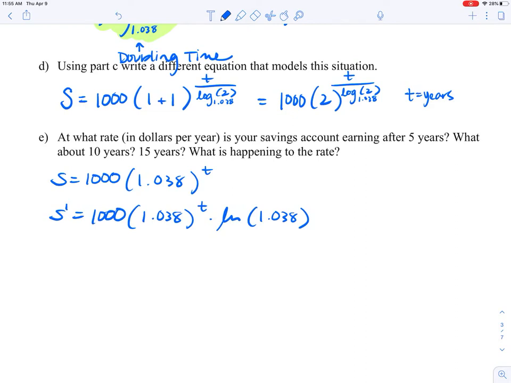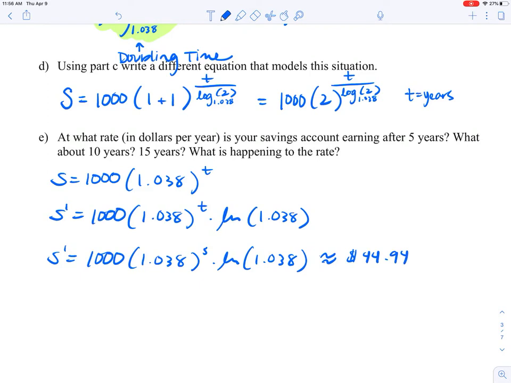So if we want to know what the instantaneous rate of change is in dollars per year after 5 years, we'll plug 5 in. And I get approximately $44.94 per year.